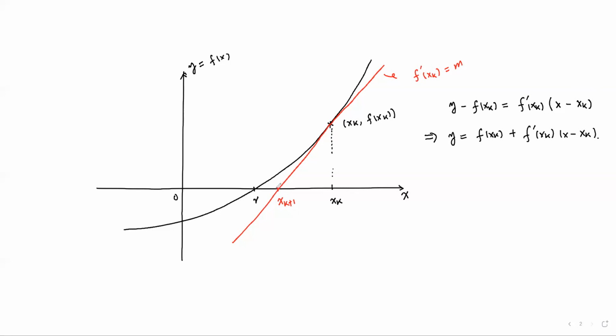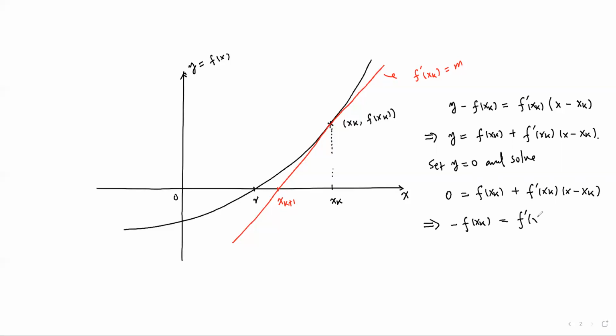I want to determine the x-intercept of the tangent line. So set y to 0 and solve this equation for x. Then we get negative f of xk is equal to the derivative at xk times (x minus xk).